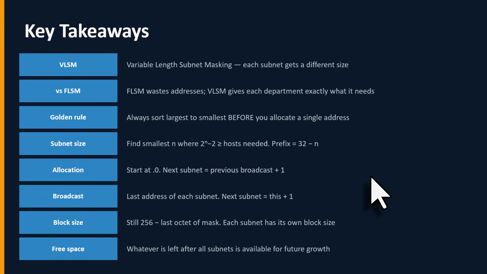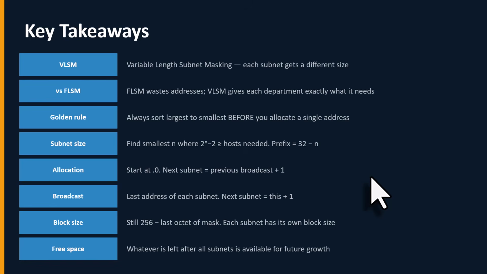So what we can take away from this is that VLSM means Variable Length Subnet Masking, and each subnet gets a different size. It avoids wastage of addresses. It gives the department exactly what it needs. The rule is first sort the biggest one before you go to the smallest. And as you're getting the block size, always ensure that you have accommodated for the 2 addresses, the network address and the broadcast address.